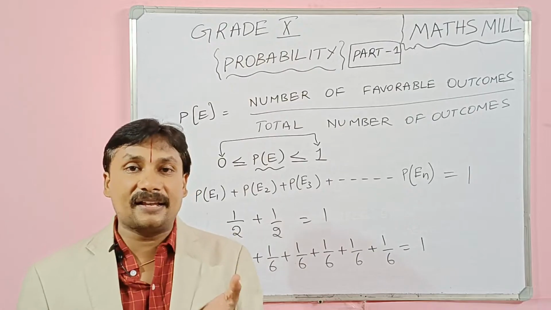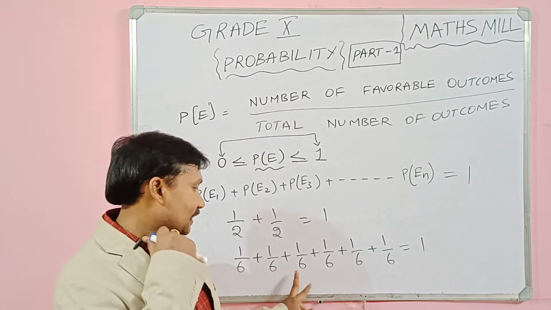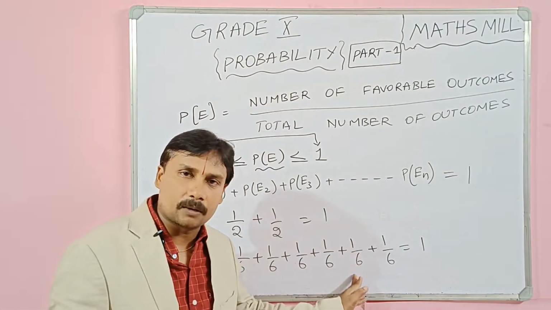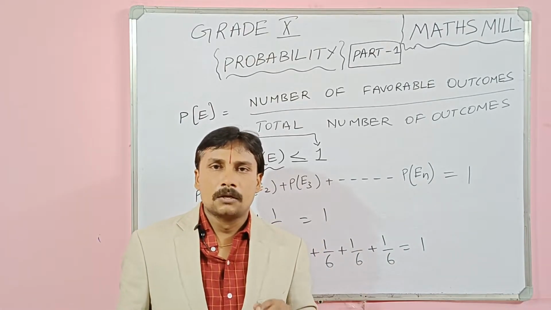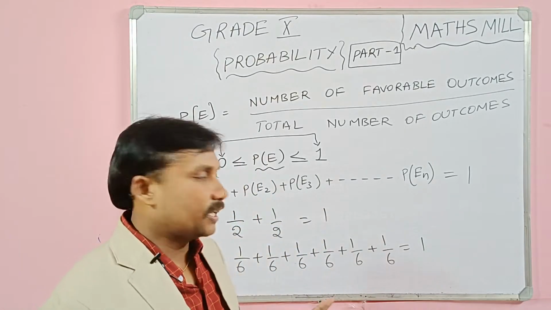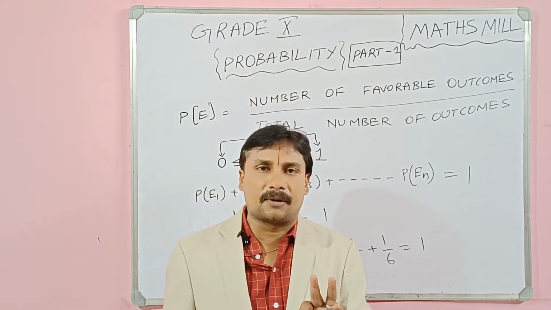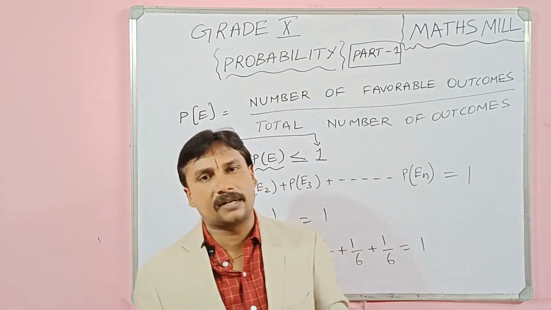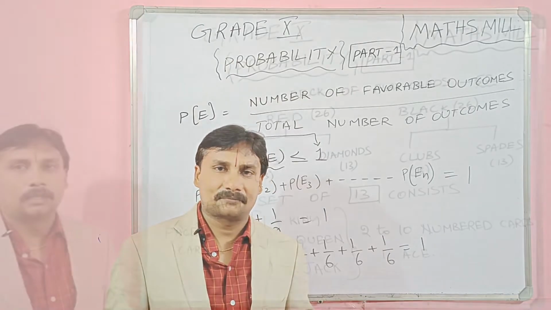When we throw a dice, getting 1 is 1 by 6, 2 is 1 by 6, 3 is 1 by 6, 4 is 1 by 6, 5 is 1 by 6, 6 is also 1 by 6. The total is 1. So in the same experiment, the sum of the probabilities of the events is always equal to 1.